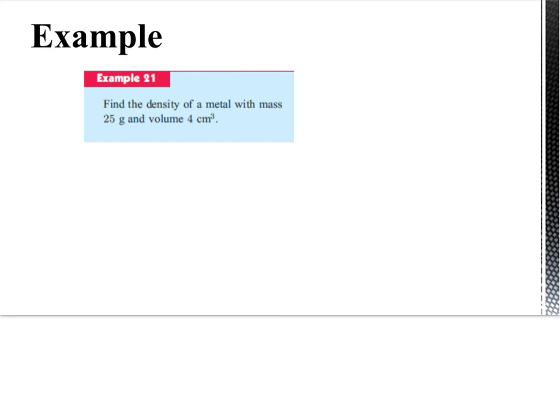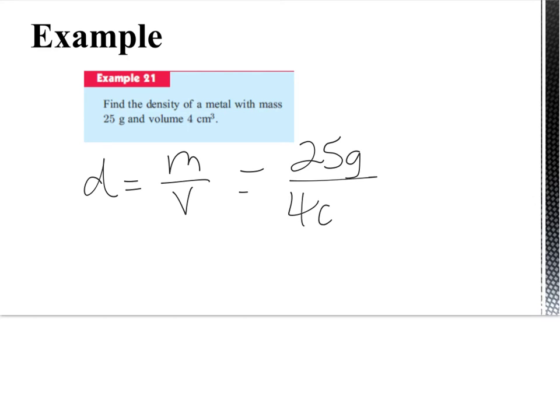So density equals mass divided by volume. Our mass is 25 grams, our volume is 4 centimeters cubed. So 25 divided by 4 gives us 6.25, and our units are grams per centimeter cubed. That's the end of this video.